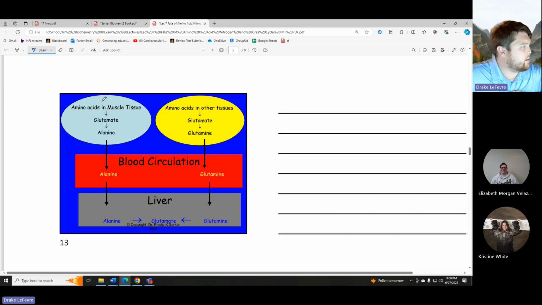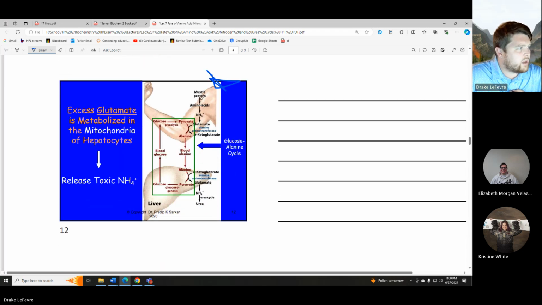So the amino acids in the muscle tissues get broken down, and then we get the ammonium that's here, and that's bound onto the glutamate. That glutamate, like I said, this is the good picture. Glutamate in the muscle gets passed on to the pyruvate.